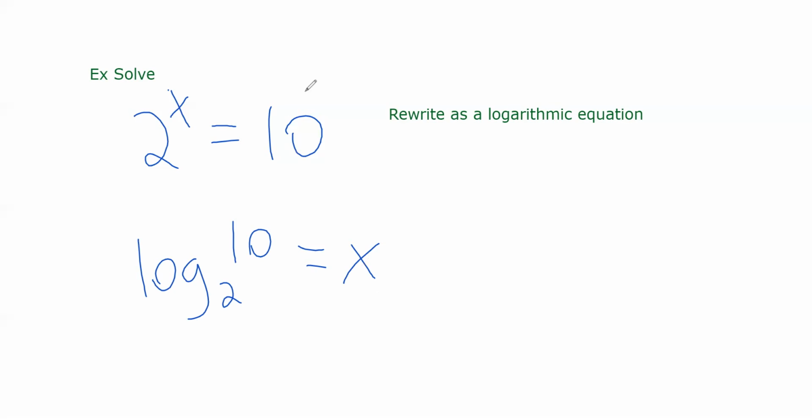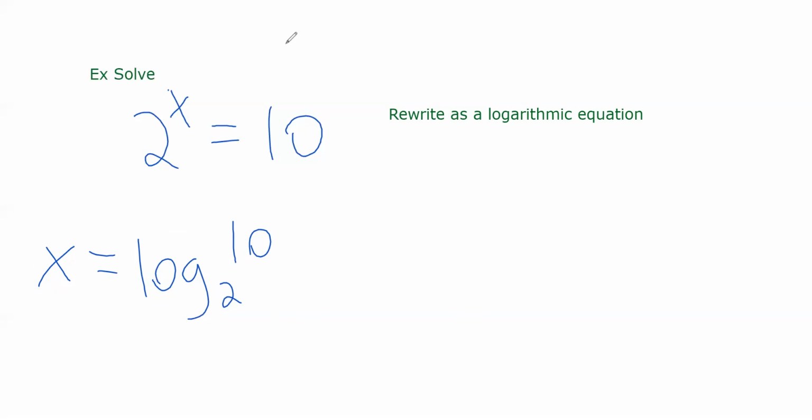And yeah, that's exactly what I'm asking. Now what I'll do is I'll put the x on the left-hand side of the equation. And so now I just need to evaluate the log base 2 of 10.